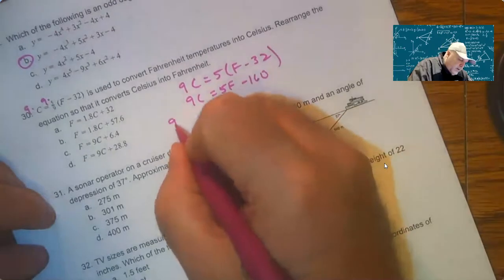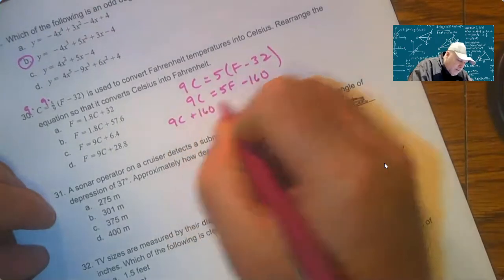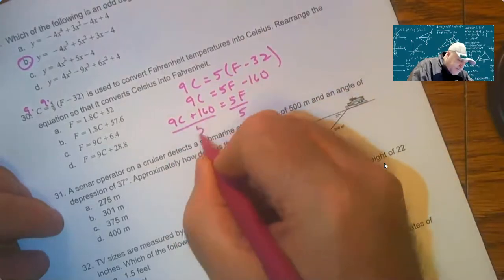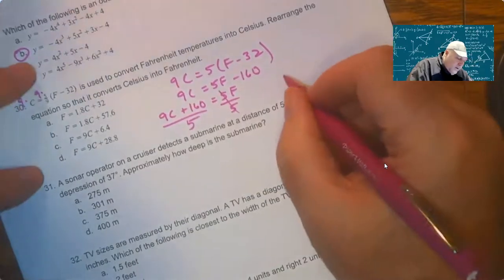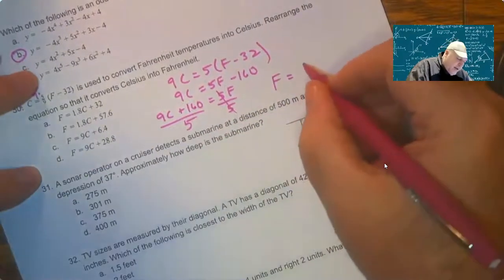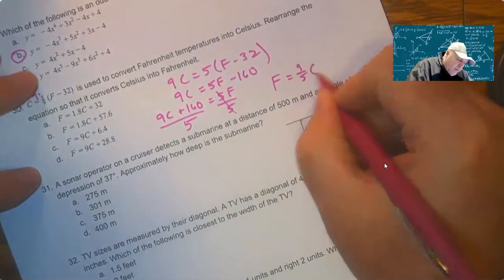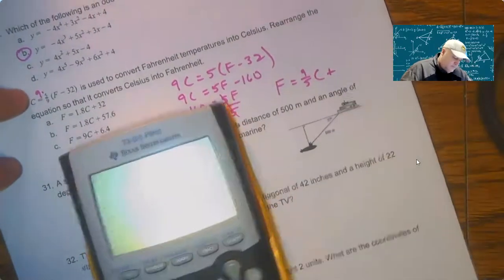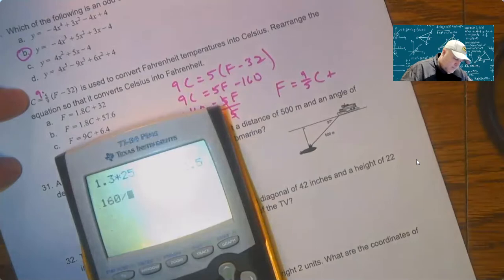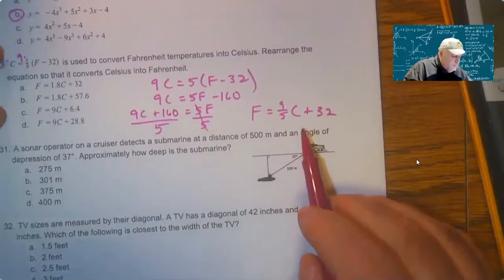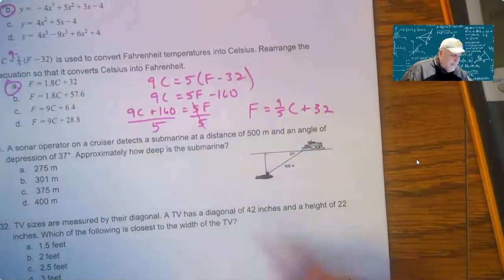Add 160 over, and then divide by 5. So F is 9C over 5, 9/5 C, plus 160 over 5, 32. So, A.